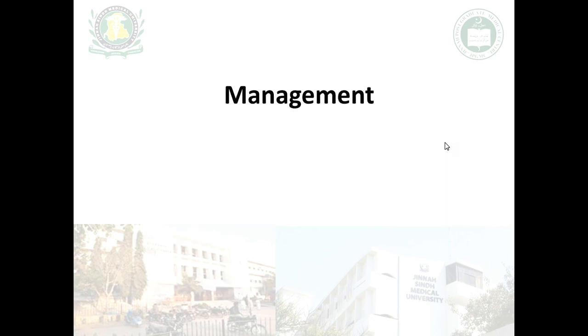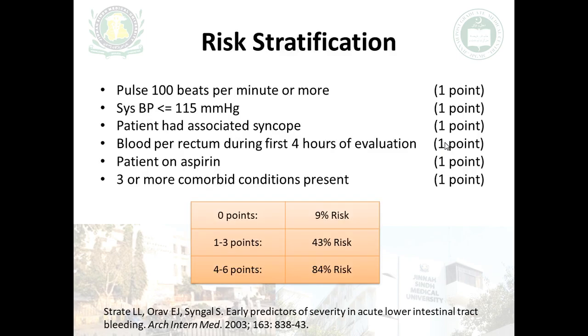After diagnosing a patient, investigating, and doing a diagnostic procedure, how should you manage the patient? Let's see how we manage the patient. First important thing is risk stratification. If a patient comes to you in the emergency department, you should do a risk stratification.